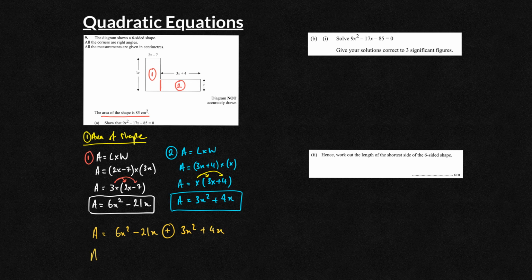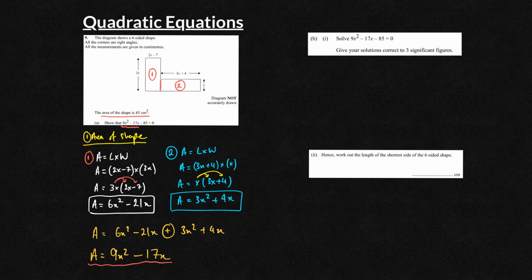So if I collect my like terms, I'm then going to have 9x squared minus 17x. So you can see from this section here that it's already matching part of what we have.